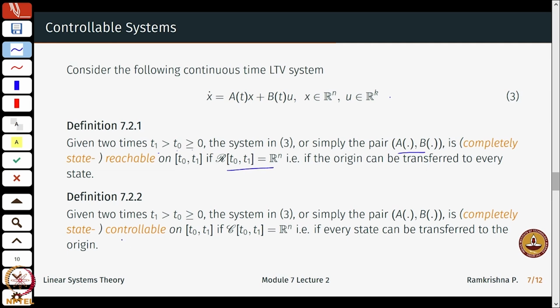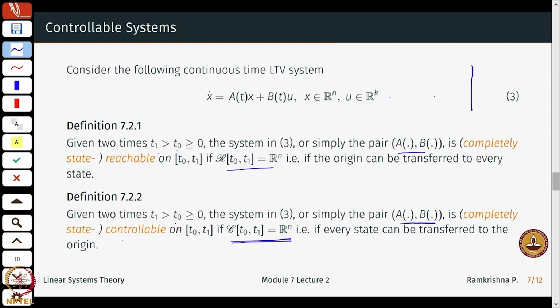Similarly, for controllability, given two times t1, t0 greater than or equal to 0, I can say that the pair AB is completely controllable if the dimension of the controllable subspace is Rn, that is, if every state can be transferred to the origin.